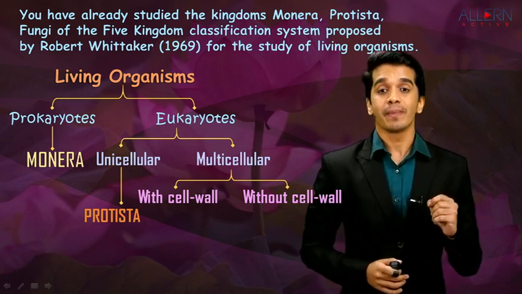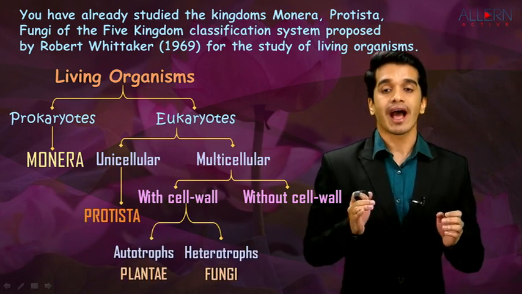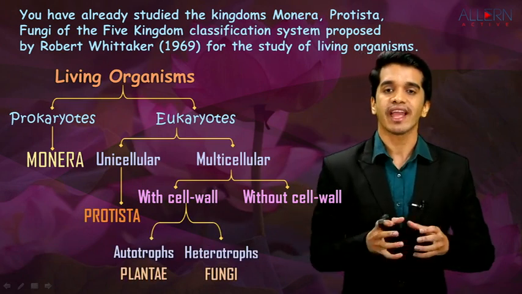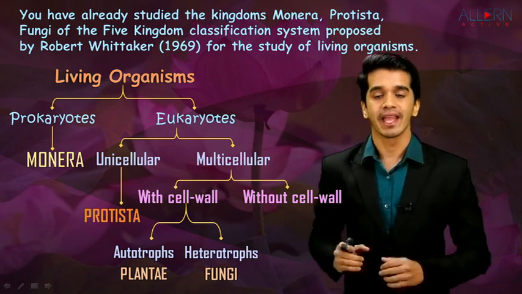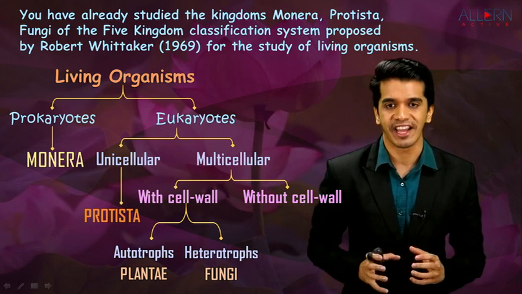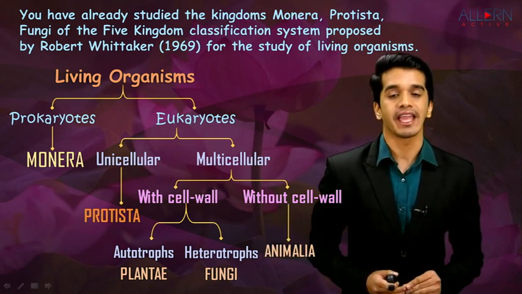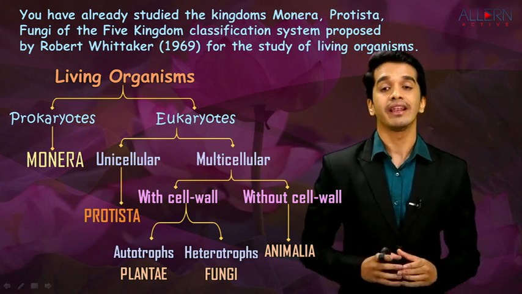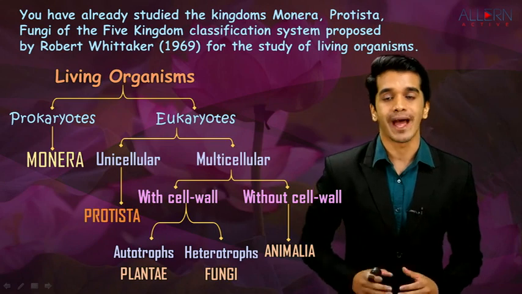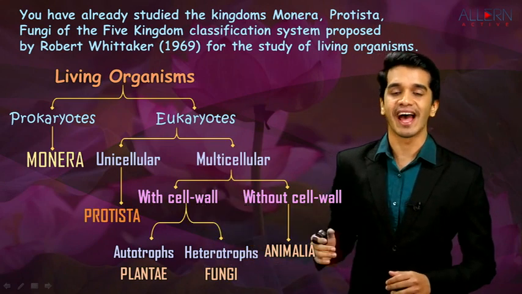Yes, correct, the plant cell. Those with a cell wall can be autotrophic or heterotrophic. Autotrophic is kingdom Plantae, and heterotrophic is kingdom fungi. Those without a cell wall are kingdom Animalia. So this is the 5 kingdom classification done by Robert Whittaker: Monera, Protista, Plantae, fungi and Animalia.